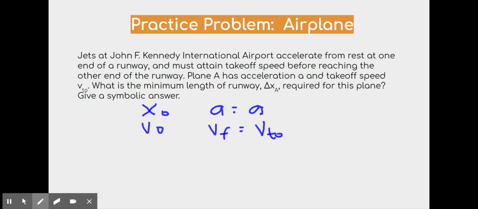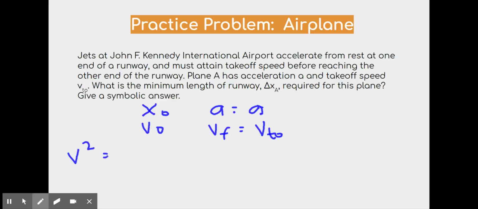Well, if you take a look at those equations that we've talked about, there's only a few which have delta x, but only one that includes acceleration, our final velocity, initial velocity. So, which one is it? Well, it is this one.